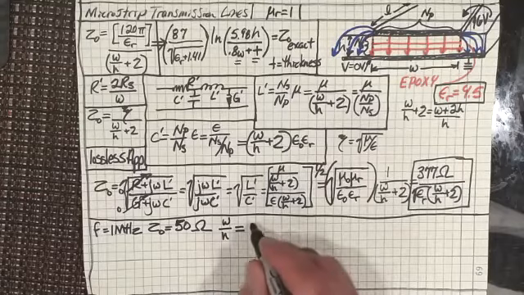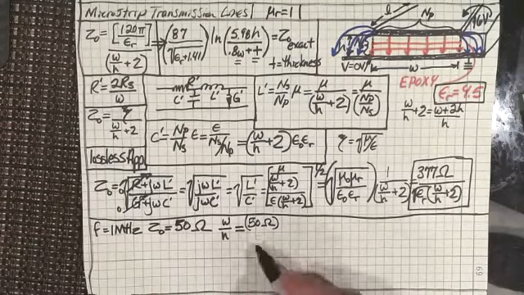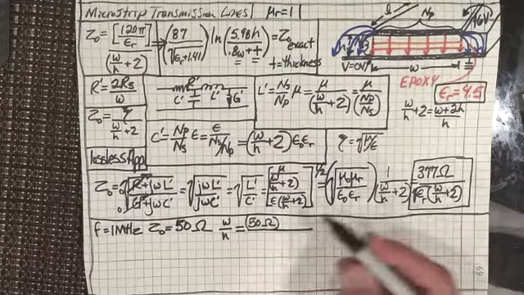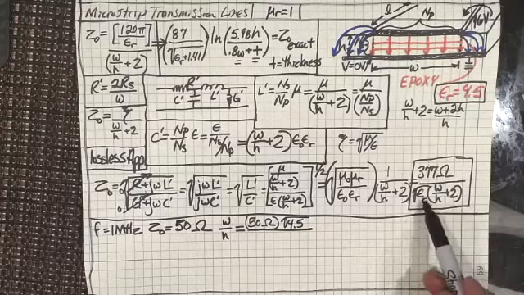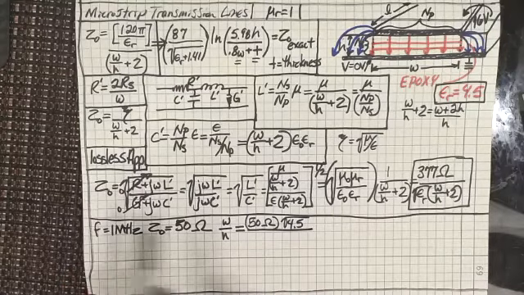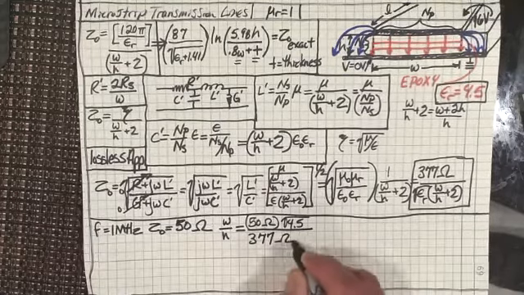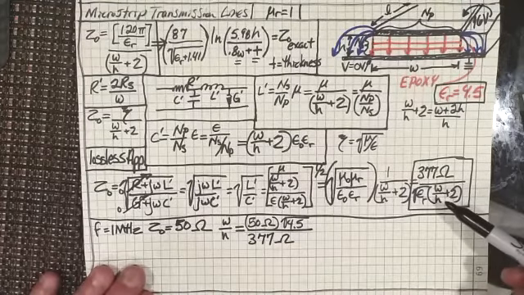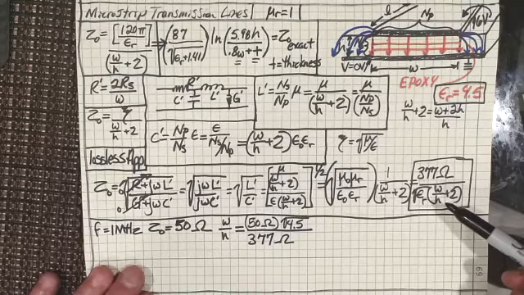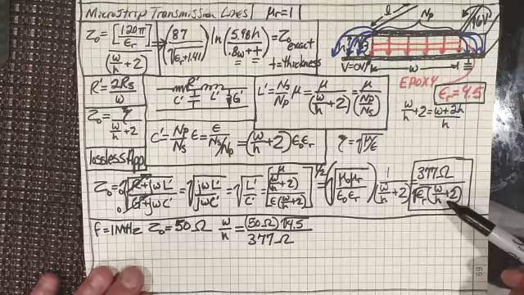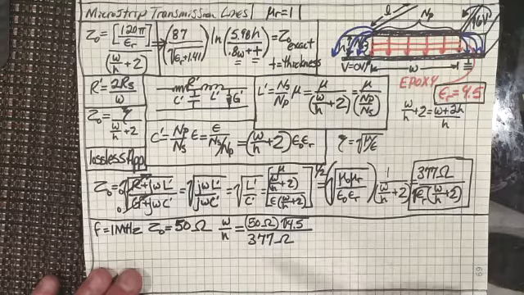So I have 50 ohms, that's Z sub 0, divided by the square root of 4.5, that's epsilon sub r, and 377 goes into the denominator.